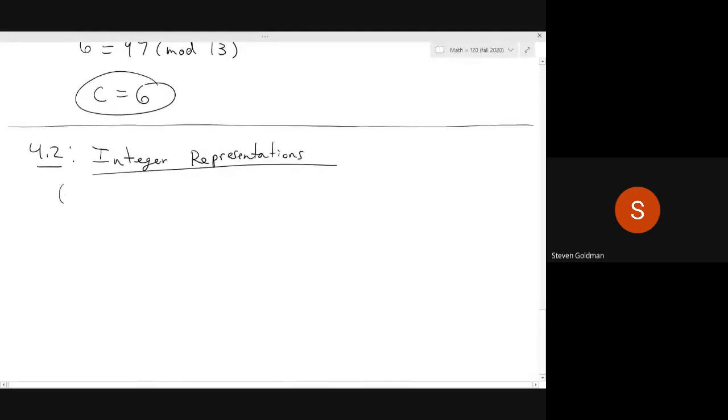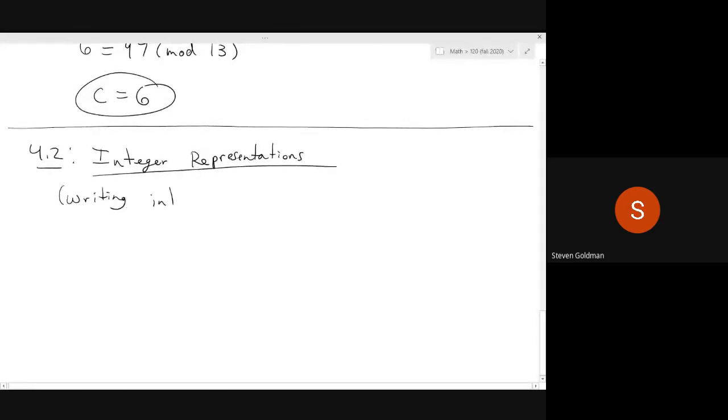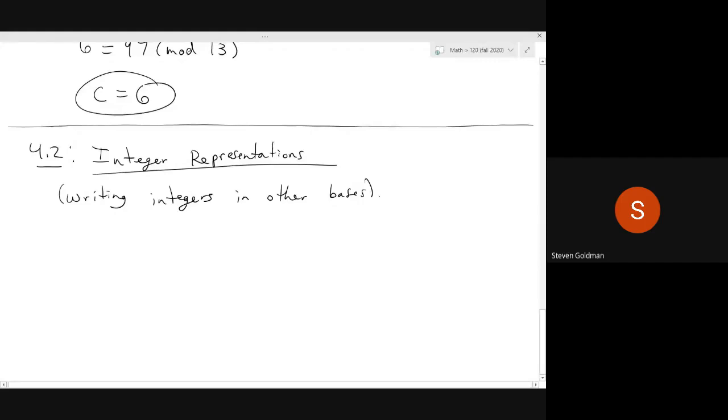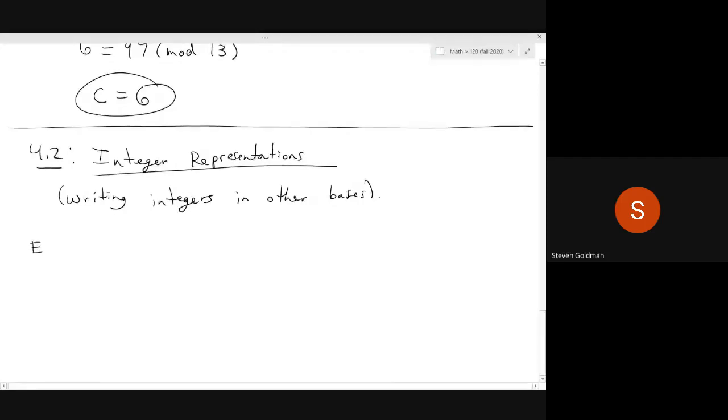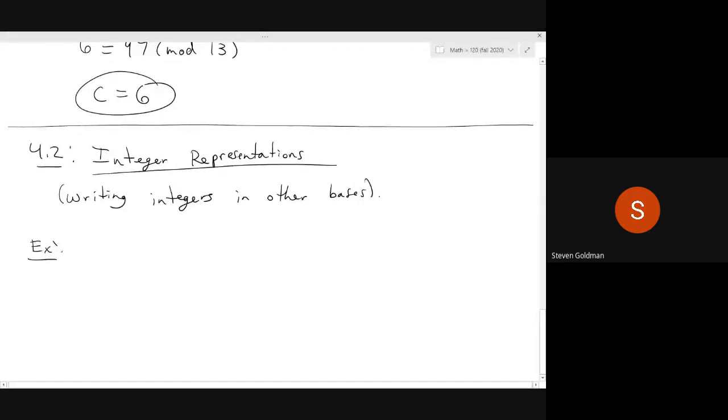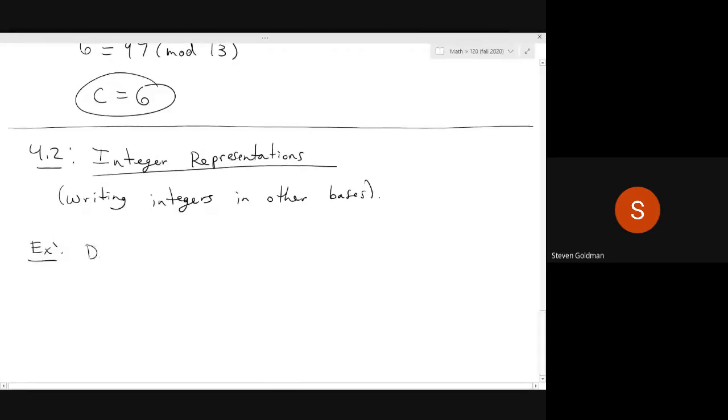So we're going to discuss writing integers in other bases. First of all, as I said just a second ago, our number system is decimal.